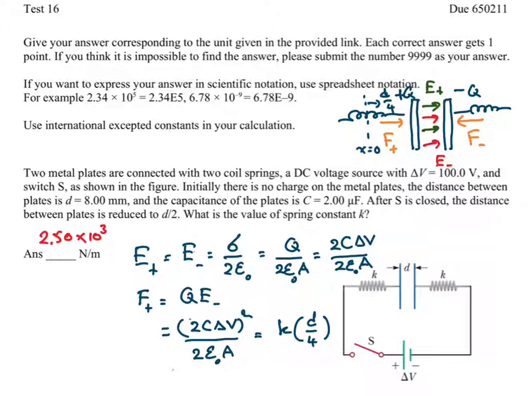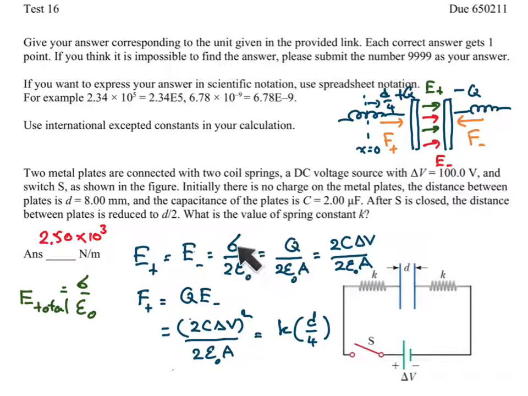If you remember, the total electric field between the parallel plate capacitor is sigma over epsilon. So the electric field from positive and negative charge, the magnitude is half of this total electric field. So we have that E plus and E minus equal to sigma over 2 epsilon naught.